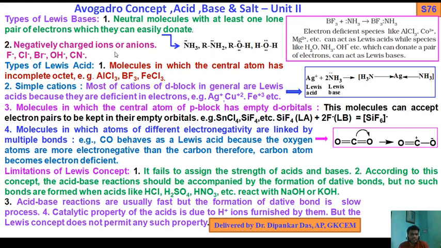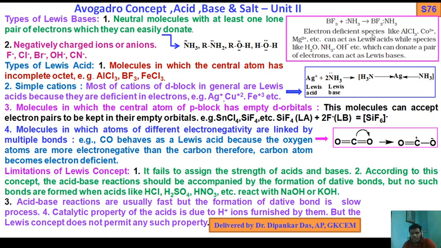Similarly, negatively charged ions or anions, F minus, Cl minus, Br minus, OH minus, CN minus, are also Lewis bases. Here, BF3 plus NH3 gives the BF3·NH3 adduct.